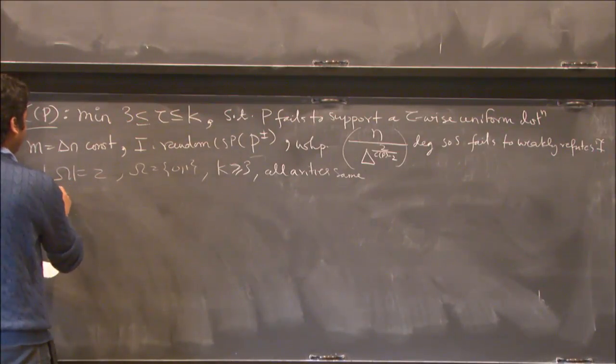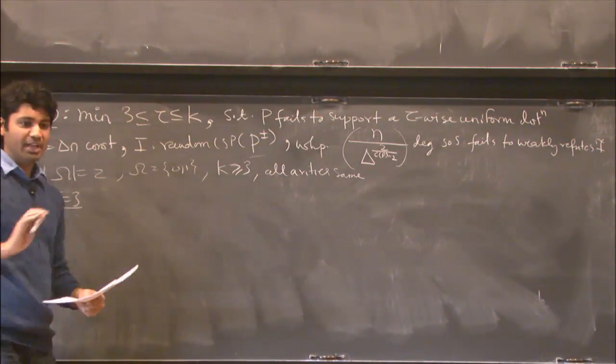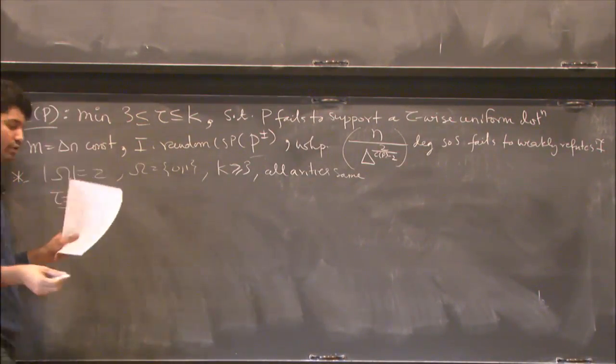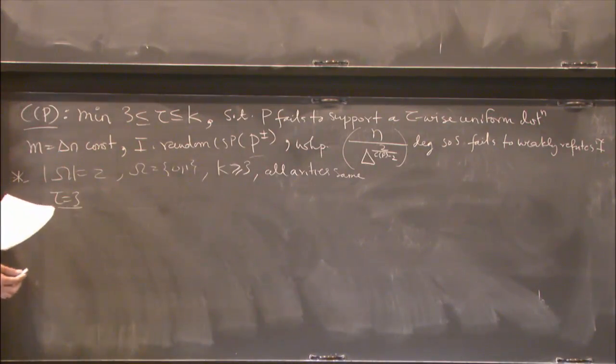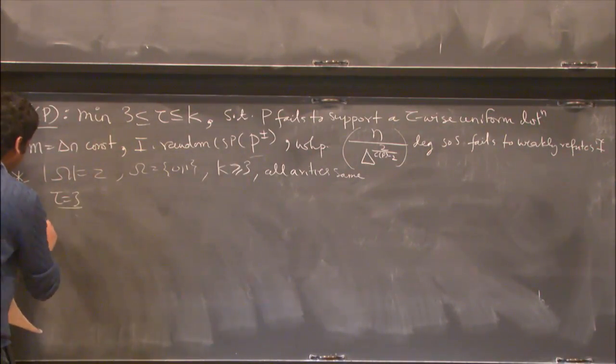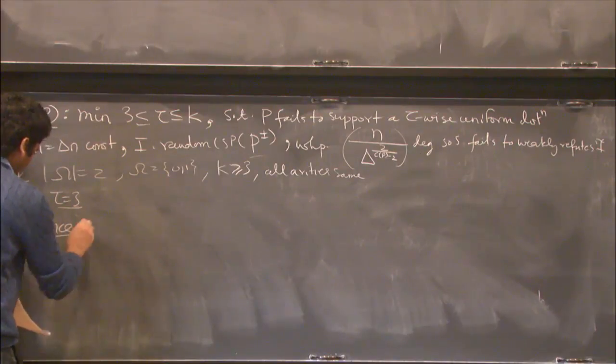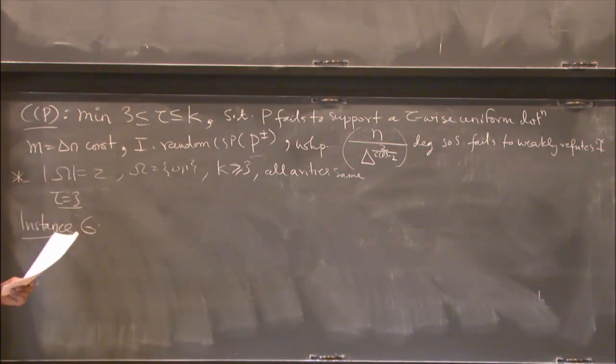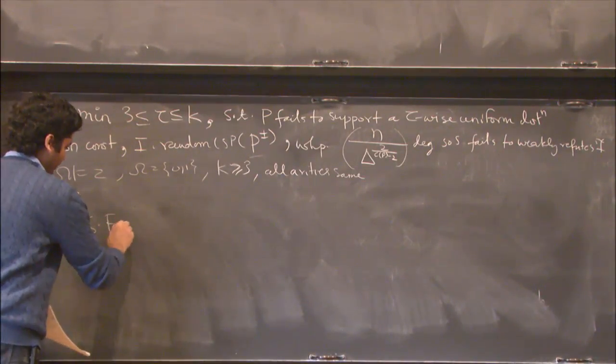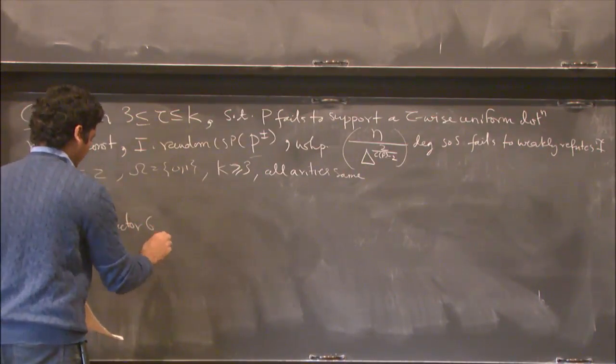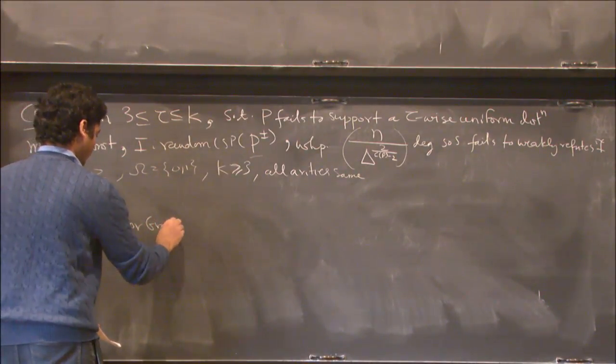And I'm going to assume that this tau parameter is 3. So I'm looking at pairwise uniform things, although everything will work for more general things. Okay, so now I think of an instance as a factor graph. This is the familiar bipartite graph notation for describing the instance.